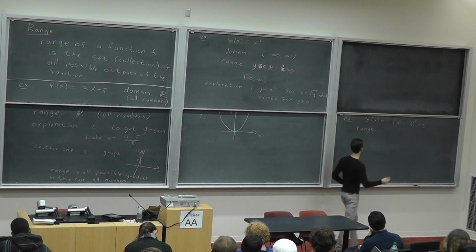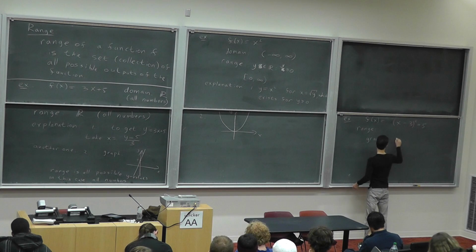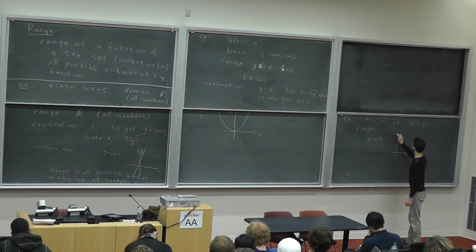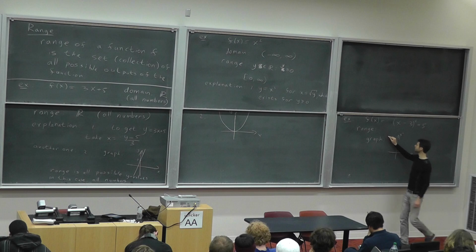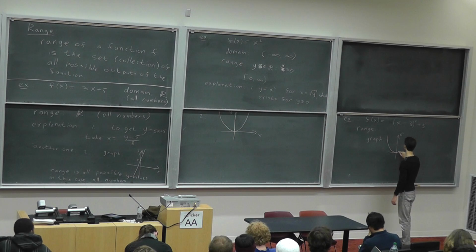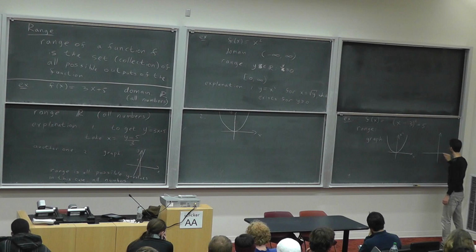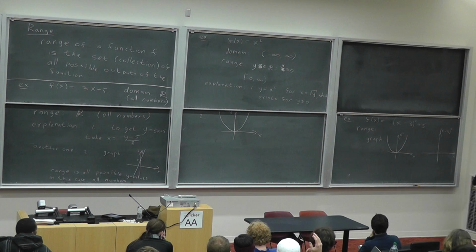So let's sketch the graph. First of all, the graph of x squared we just decided was a parabola like this. Next transformation would be the graph of (x minus 3) squared. How would that look like? Yeah? Move over to the right.